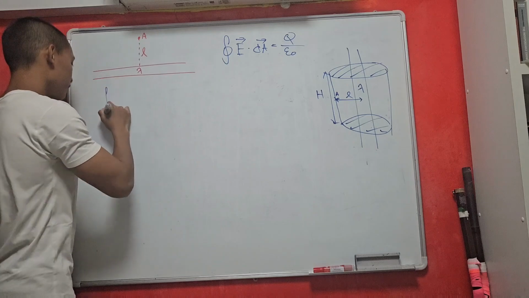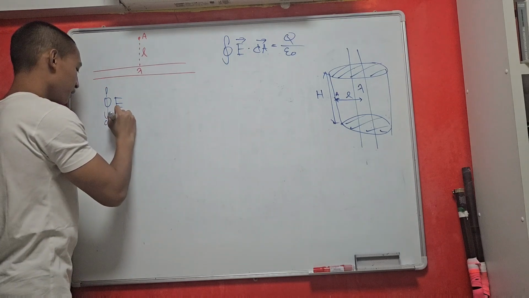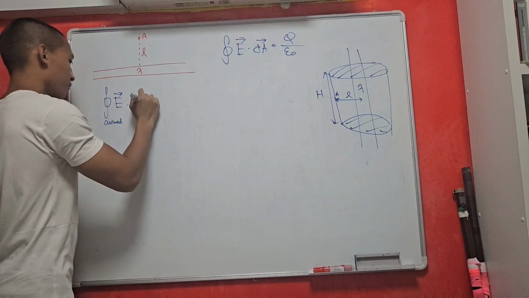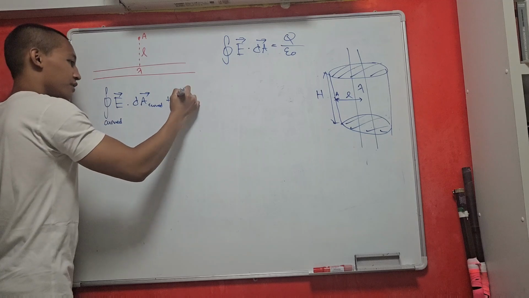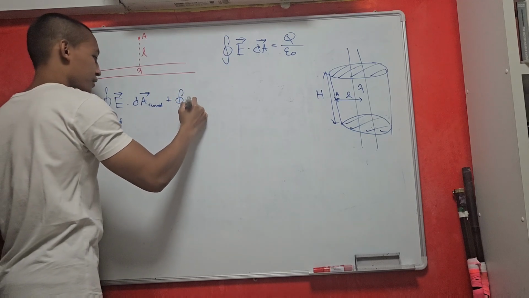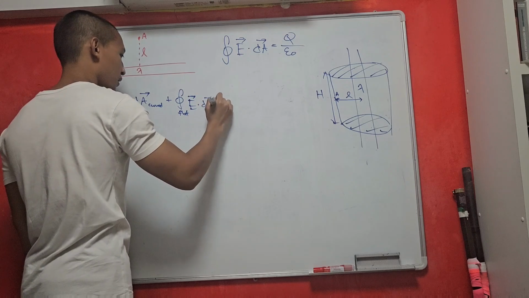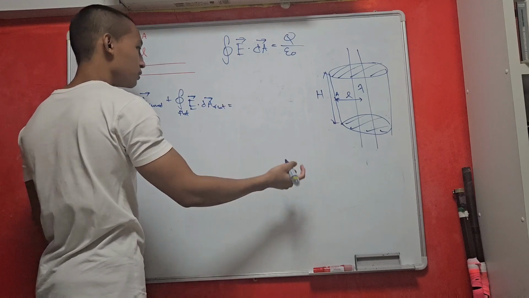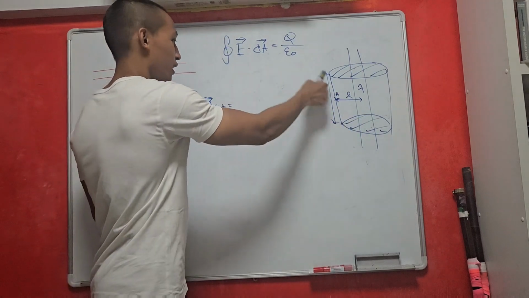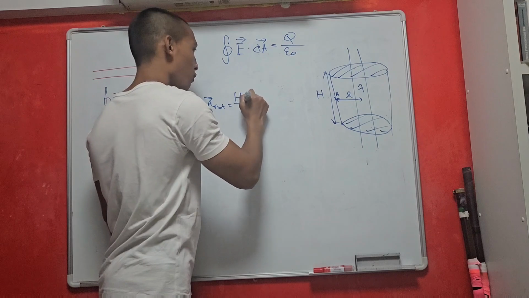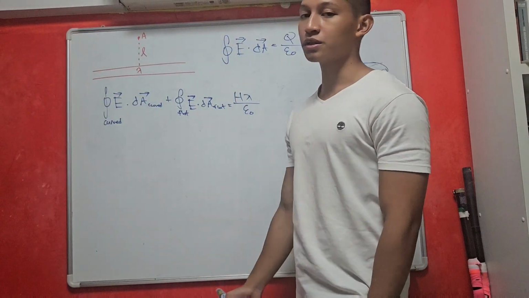First is the closed surface integral of the curved surface plus the closed surface integral of the flat surface, which equals the total charge enclosed in this Gaussian surface, which is just H times lambda over epsilon naught.